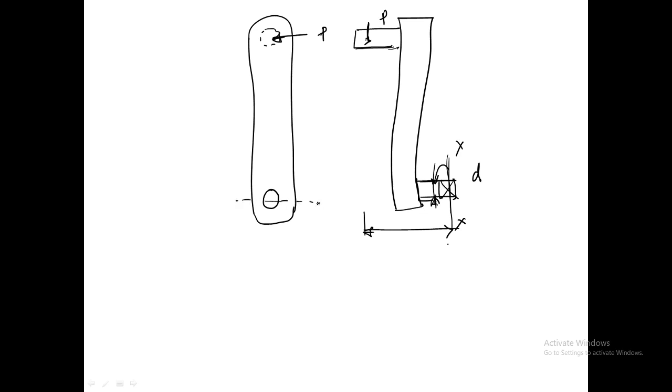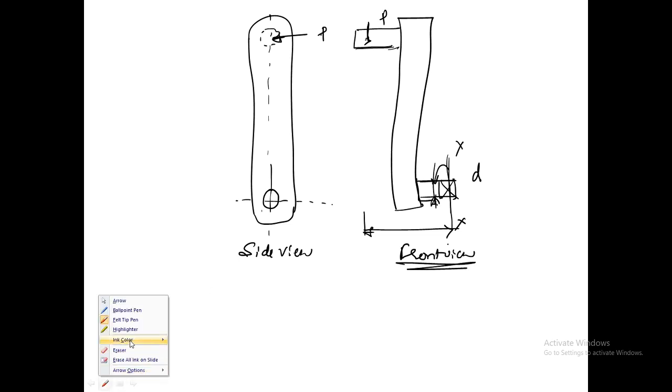So if you consider the plane of the front view, I will take this as a front view and that is going to make it more clear. Now if you fix here, the load is acting at this point.